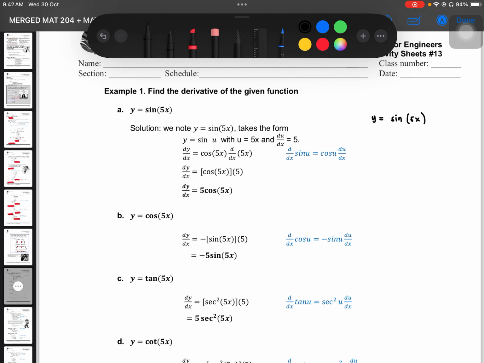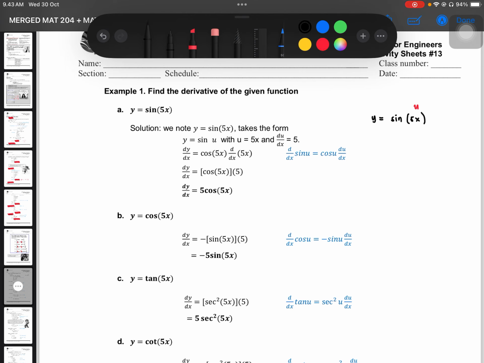And then, si 5x dito, ito yung tinatawag natin na u. Okay? So, ito yung u natin. Para hindi kayo malito. So, ibig sabihin, if we will be using sine u, derivative of sine u is equal to cosine u, derivative of u with respect to x.